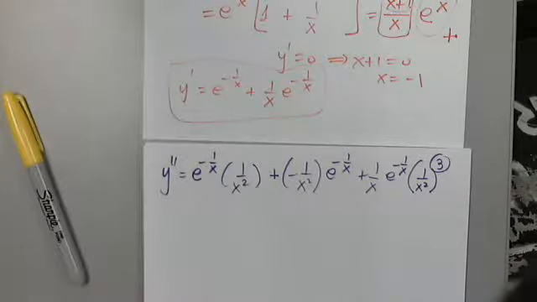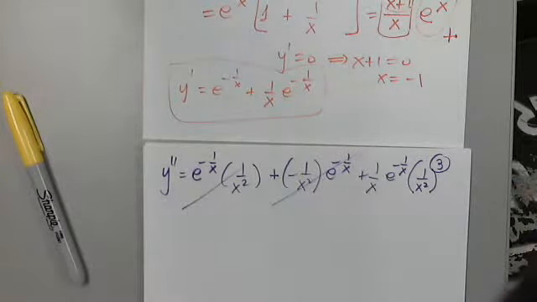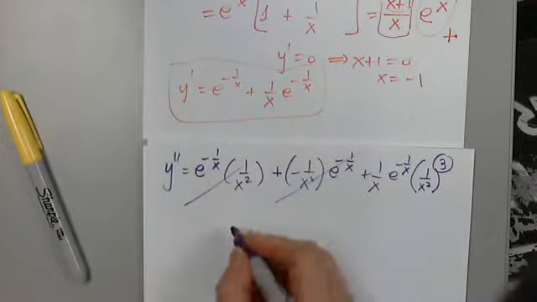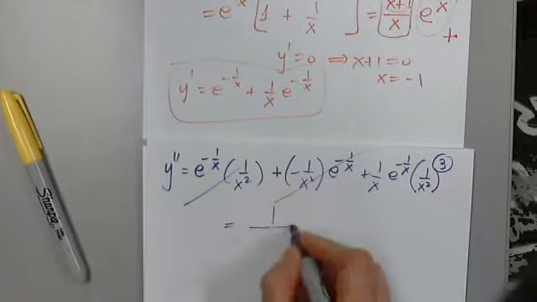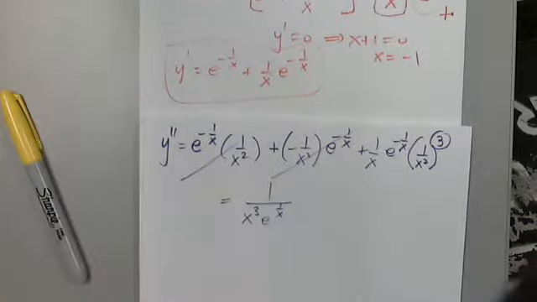One thing I like here. Can you say what it is that I like? I know it's not fully simplified yet, but can we notice anything? Two things factor. 1 over x squared with negative 1 over x squared, and both have e to negative 1 over x. I really like that. So this is 1 over x cubed, e to negative 1 over x.